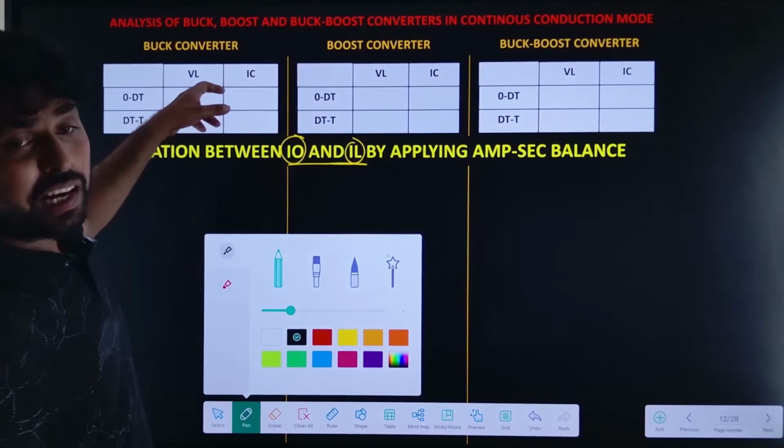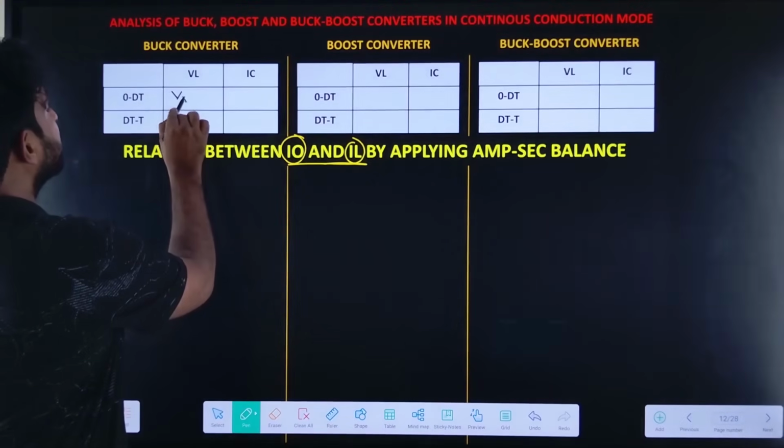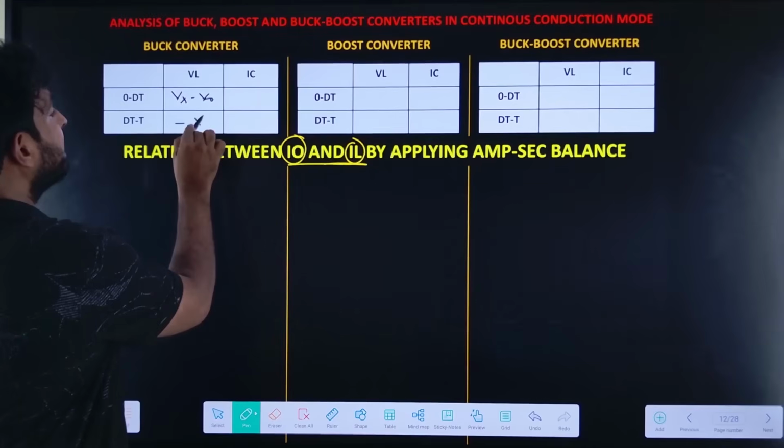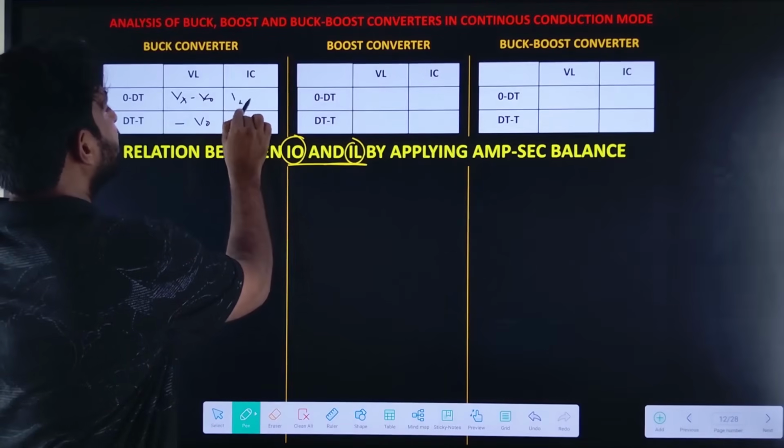What is the VL in case of the buck converter? From 0 to dT, it is Vs minus V0, and from dT to T it is minus V0. What is the IC value? It is IL minus I0.